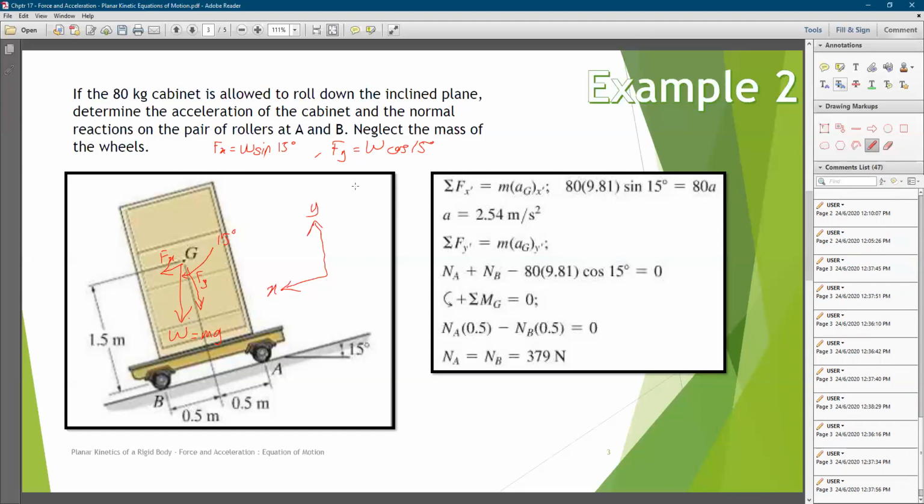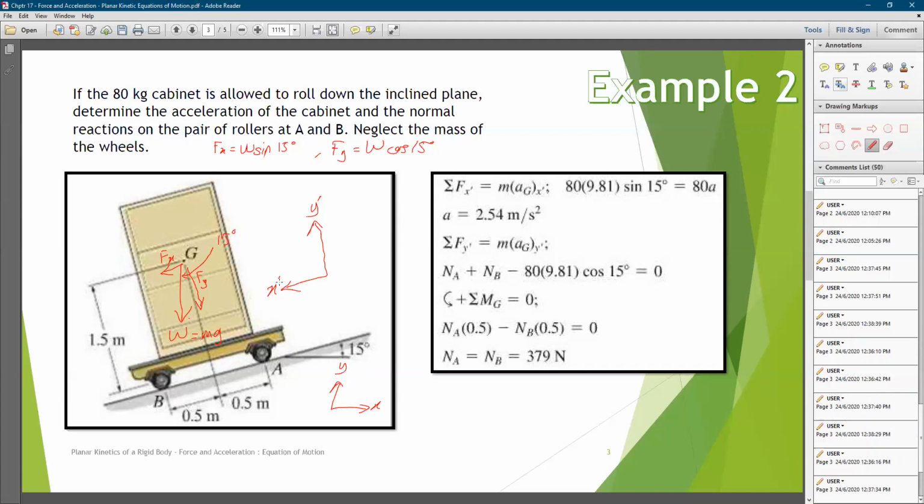Okay, now we resolve the x and y axis, or we can denote them as x prime and y prime, because we normally use the x and y like that, and we want to have a difference from the common representation of the reference axis.